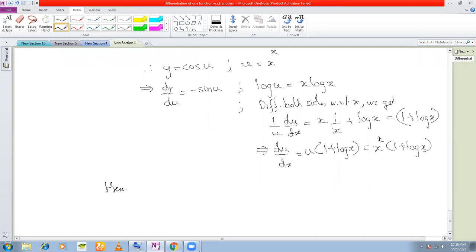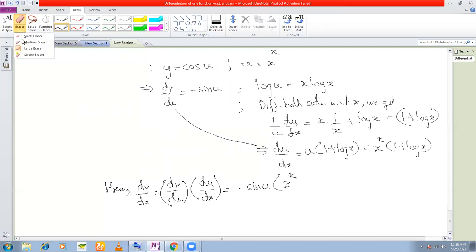Hence dy dx is the product of these two, dy du into du dx. So this is minus sin u into x to the power of x into 1 plus log x.